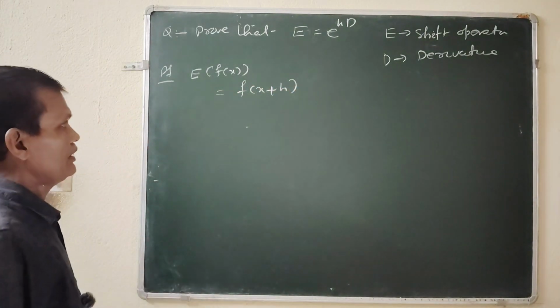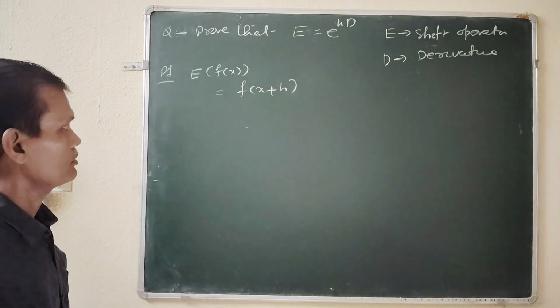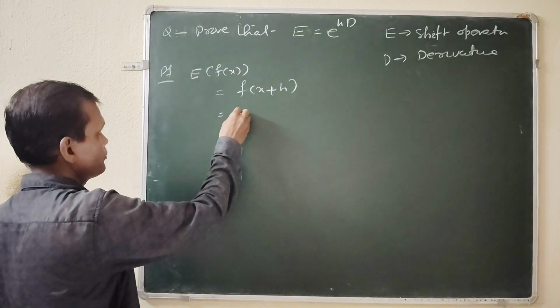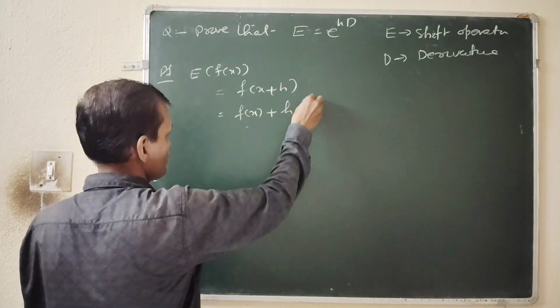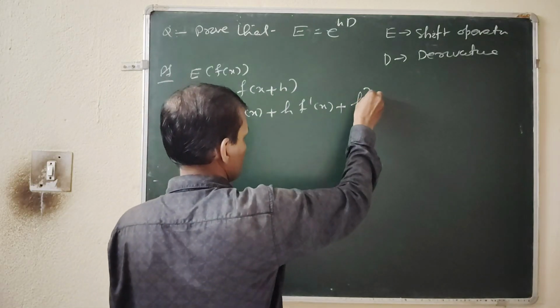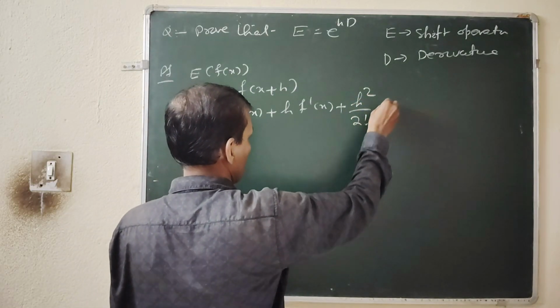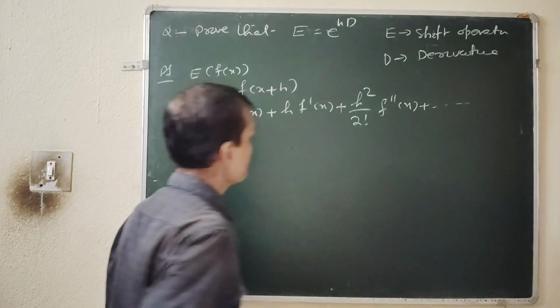Then expand this function f of x plus h by Taylor series expansion. That equals f of x plus h f dash x plus h square by 2 factorial f double dash x and so on.